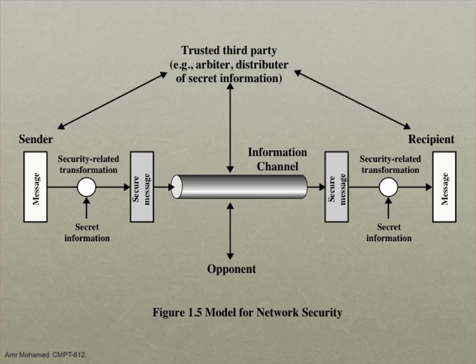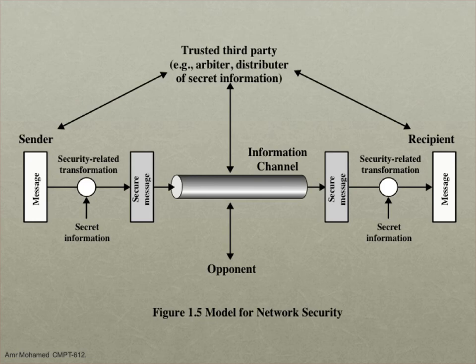So, for example, this is the model for network security. Here we represent the message by this bounding box, and then this is Alice, or this is the sender. The sender has a message, which usually is exposed. Then we can use some security-related transformation, whether it's encipherment or traffic padding or anything.